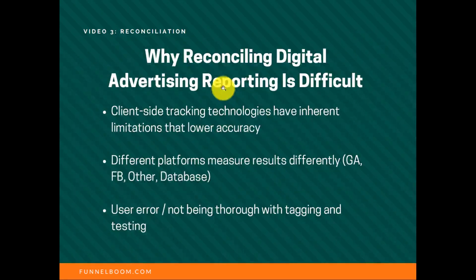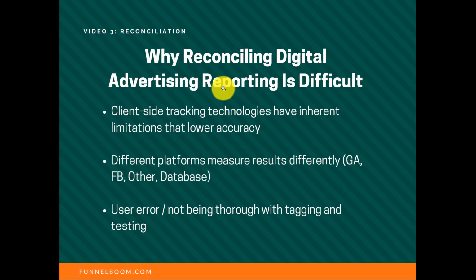Again, we're mainly talking about conversion data, conversions that are getting sent back to your ad account from your pixel. There are a lot of reasons why reconciling digital reporting across sources is very difficult. Okay, so let's go through some of these. Number 1, client-side tracking technologies, which all of these are based on.